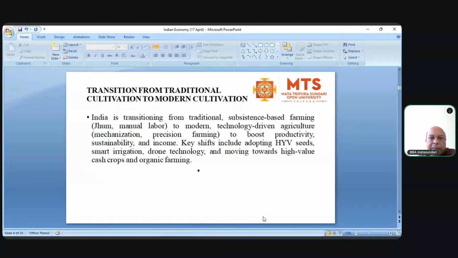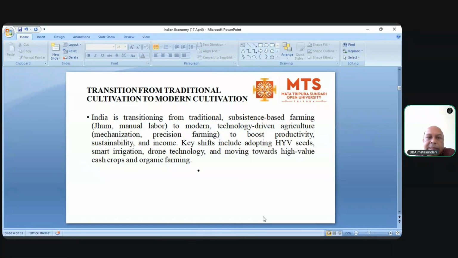So farmers were basically involved in cultivation only for the supply of their own food grains. But currently, farmers use more technology. They are using better facilities, and they produce more food grains so that they can earn more income, or some additional income from agricultural cultivation.